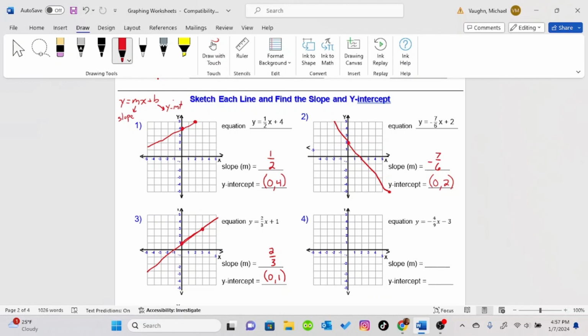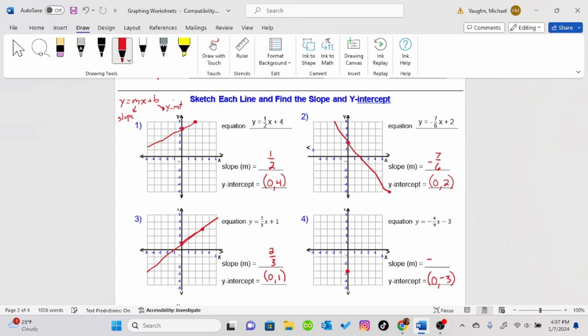Number 4. Start with the y-intercept. That's the number by itself. In number 4, that's -3. So the y-intercept is 0, -3. And that's where we'll start with our point. The slope is the number in front of the x.